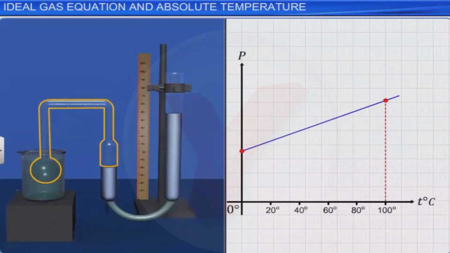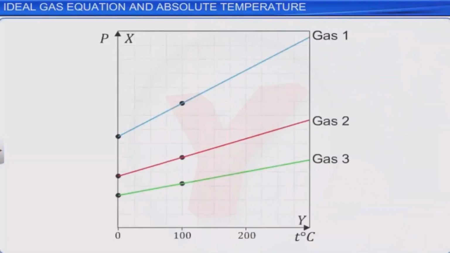If the density of the gas is low, the graph will be a perfect straight line for all gases over a large temperature range. Let's look at the pressure-temperature graph for different gases at low density.